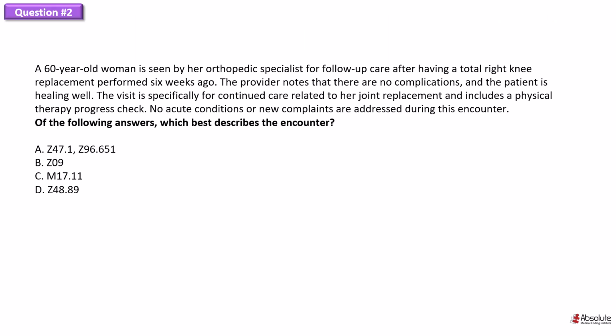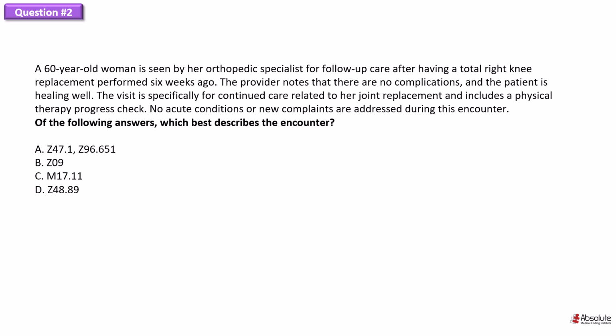Your second question. Of the following answers, which best describes the encounter? Option A, Z47.1, Z96.651; option B, Z09; option C, M17.11; option D, Z48.89. A 60-year-old woman is seen by her orthopedic specialist for follow-up care after having a total knee replacement performed 6 weeks ago.